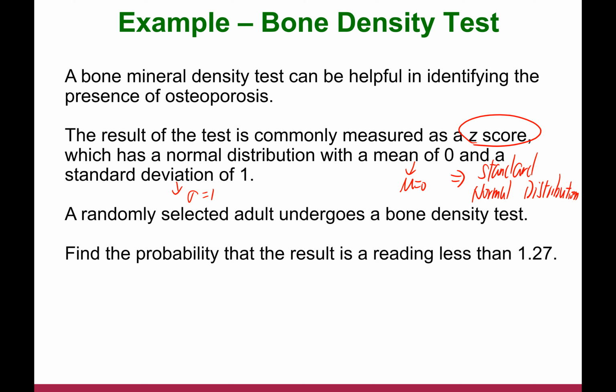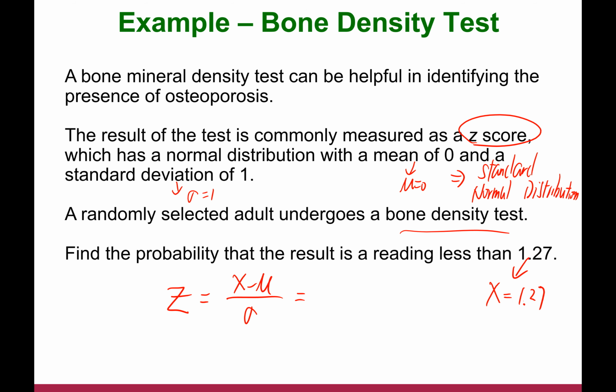A randomly selected adult undergoes a bone density test. What is the probability that the reading is less than 1.27? Again, if you're using the z-score formula, here the given result is x equal to 1.27. You can easily use this to find the z-score, x minus mu over sigma.